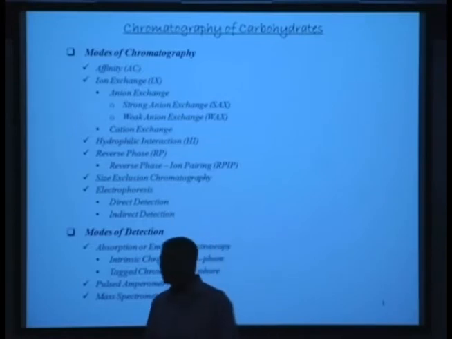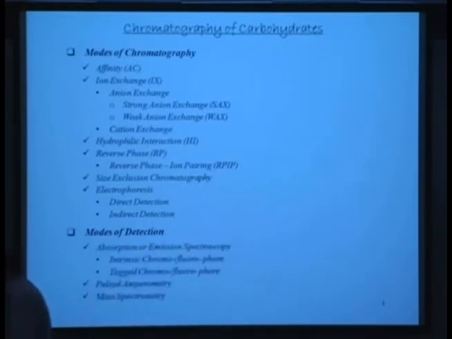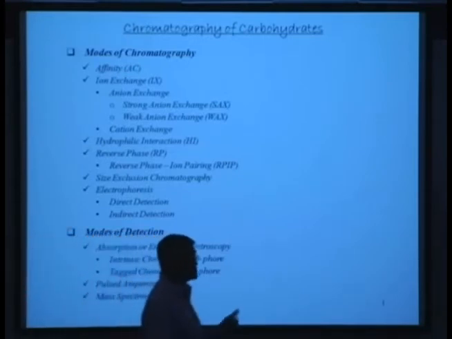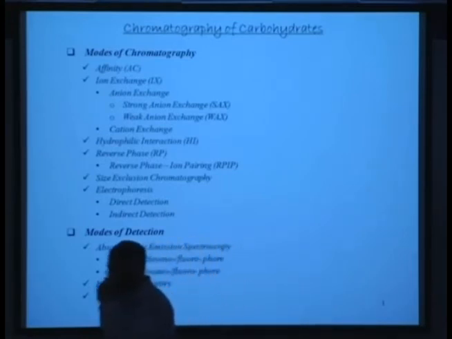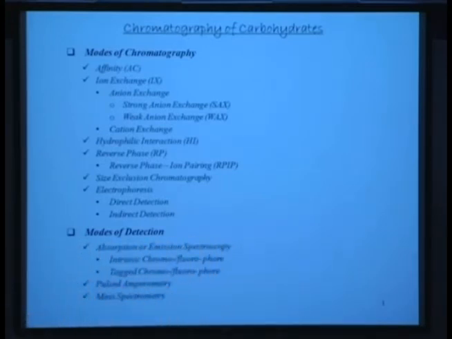So what happens is that carbohydrates are difficult to detect directly. Carbohydrates are difficult to really identify directly. So therefore, detection becomes a major issue with regard to carbohydrates. And therefore, several techniques have been engineered to help with the detection.